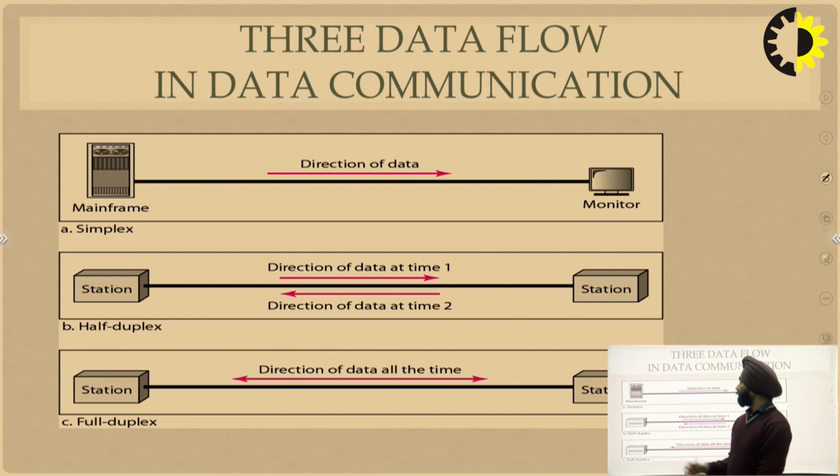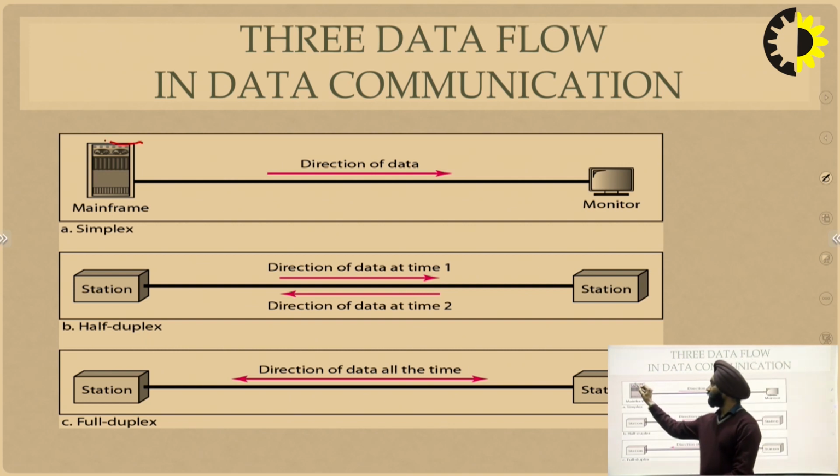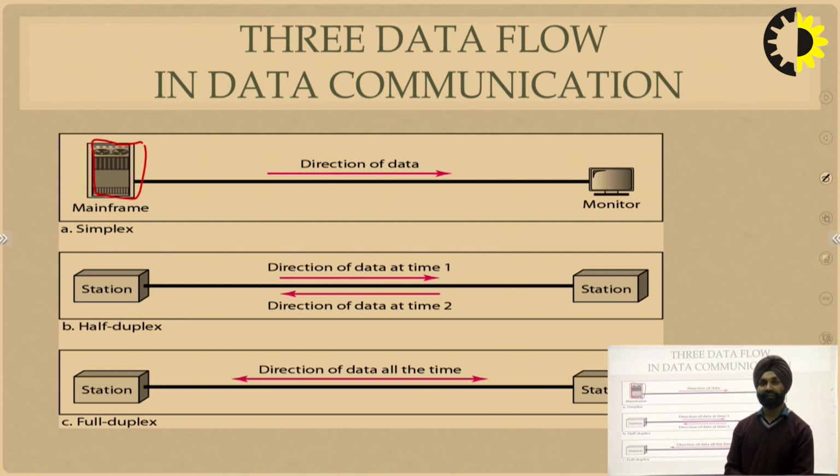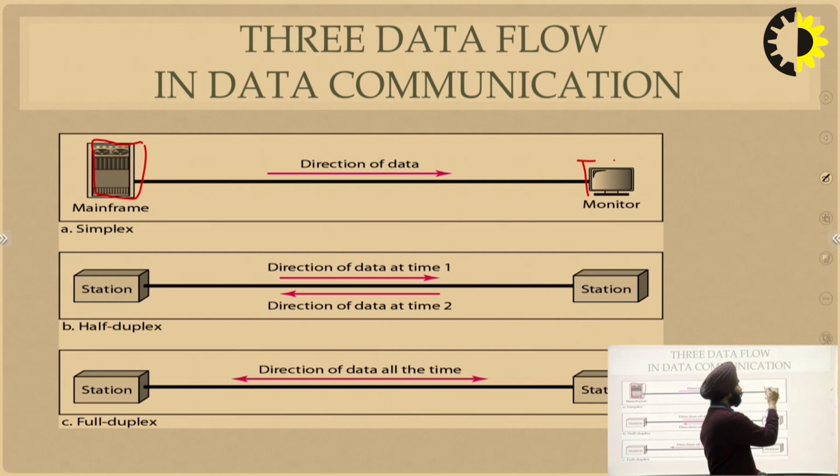Now, when I am transmitting data from source to destination, there are three ways in which I can send the message. The first one is simplex, in which one node only transmits and cannot receive the signal, and another node only receives the information but does not transmit.